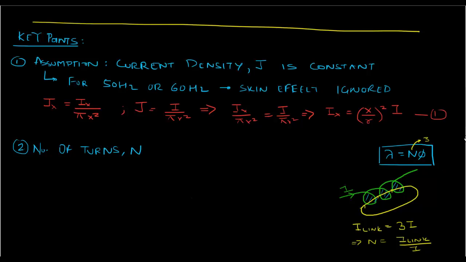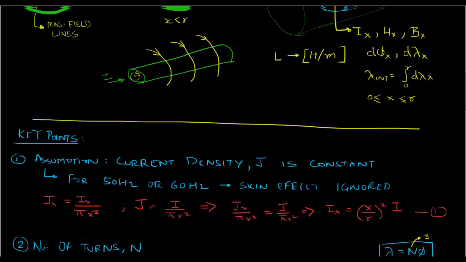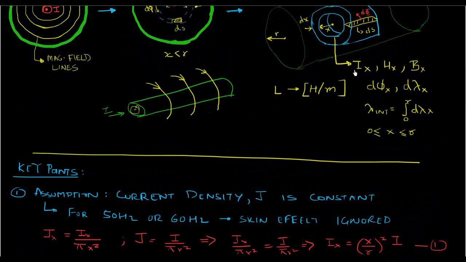What's happening in our case? In our case, we don't have any turns, but what's the current that's being linked? The current that's being linked is only I of x. At a distance x, for these flux lines, the current that's being linked is I of x.